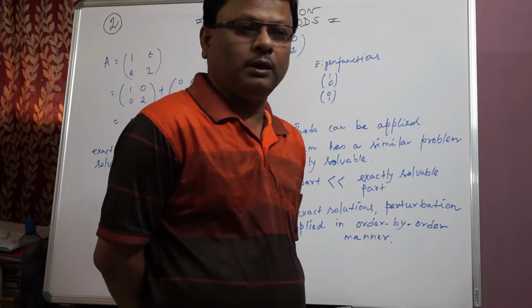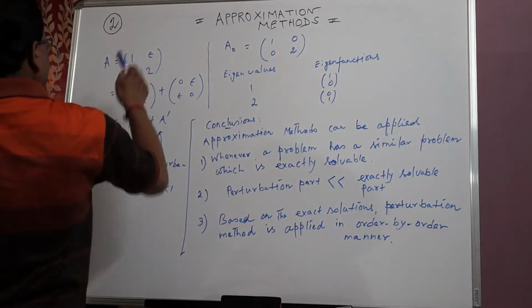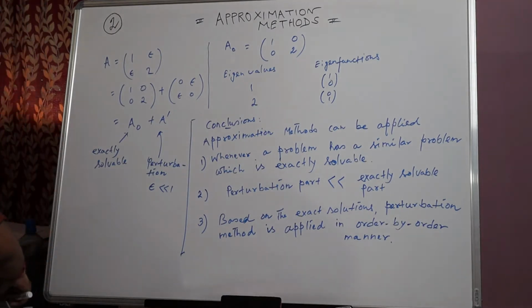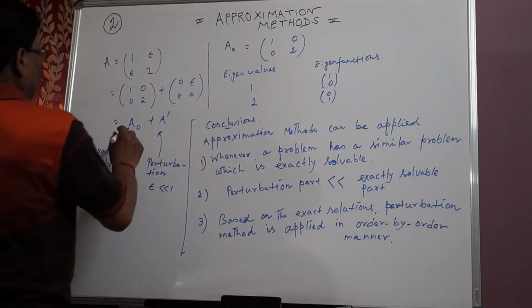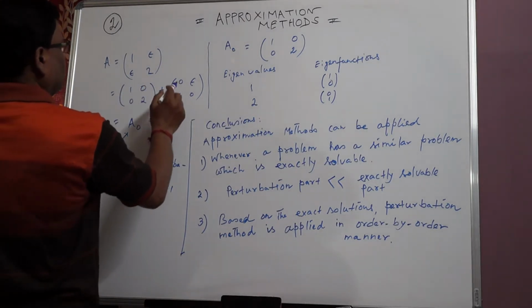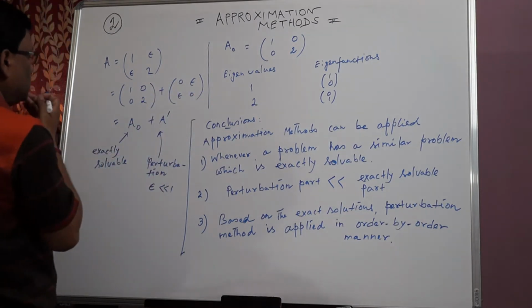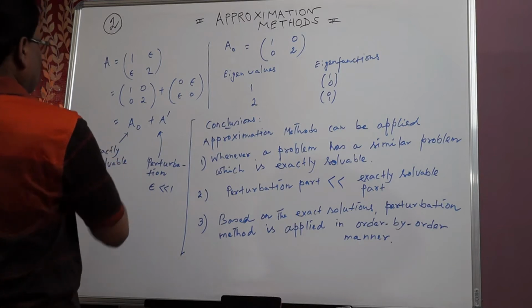For example, let us recall this matrix A. This matrix is subdivided in two parts. One is A0, which is 1 0 0 2, and another is A prime, 0 epsilon epsilon 0. In these two parts, A0 is exactly solvable.